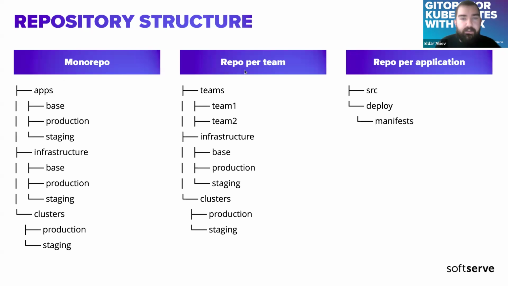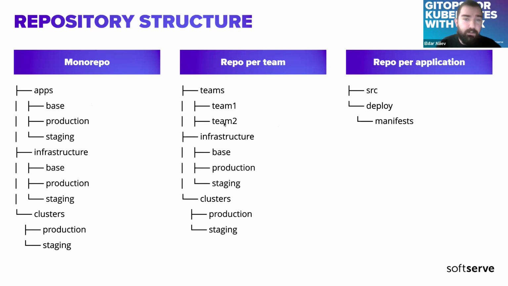Another approach is repository per team. You have almost the same structure, but beside the apps, you have the teams folder, and each team performs the development of some applications and deploys it to some specific environment.